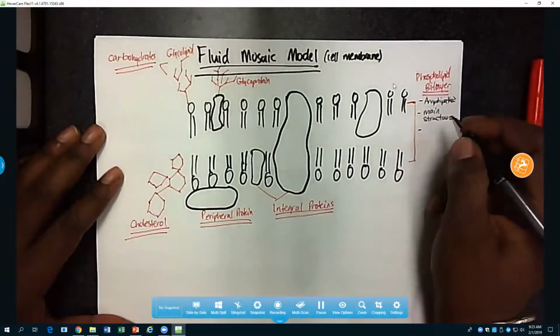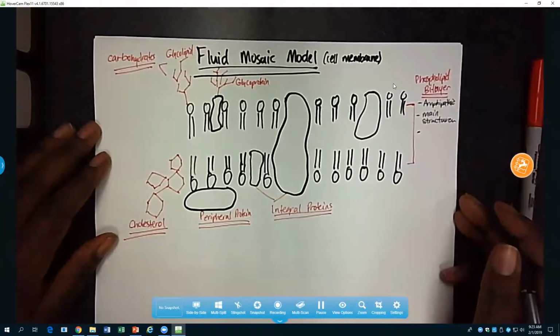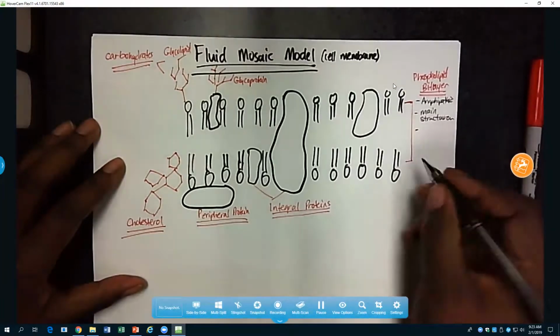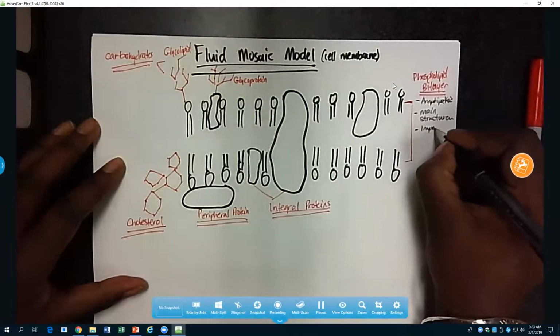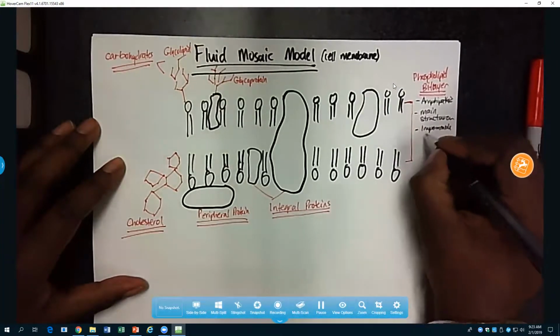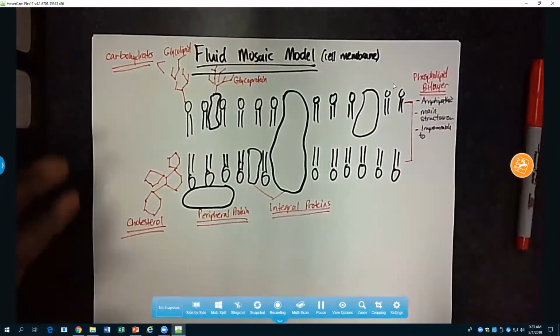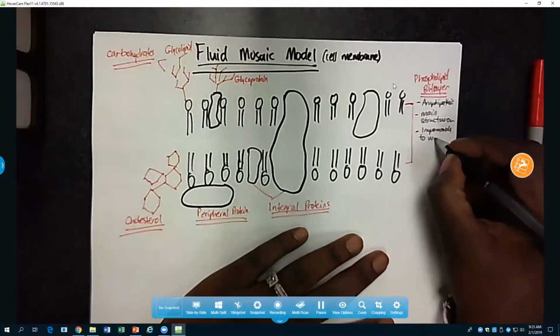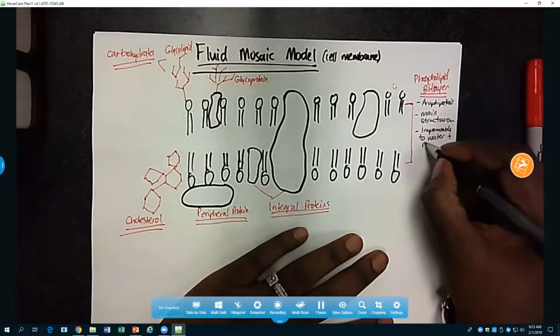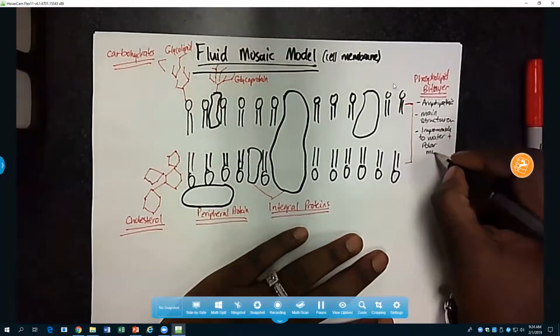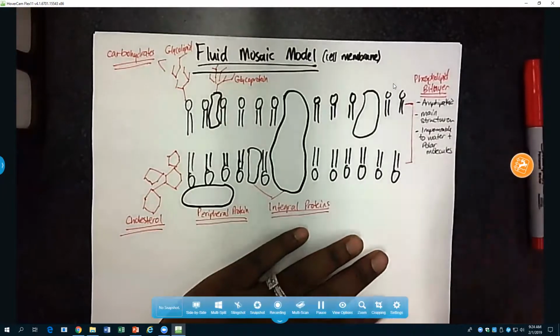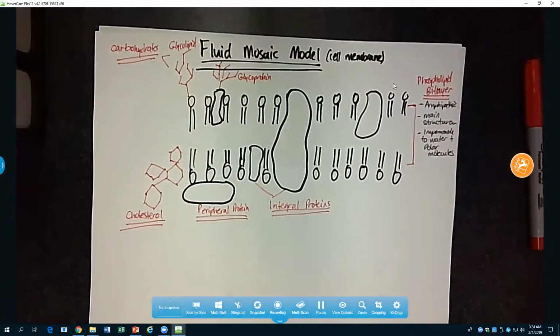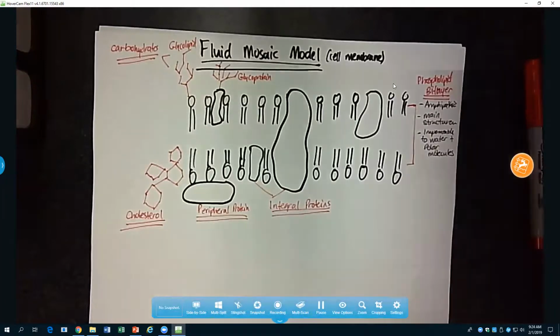Also important to note is that they are impermeable to water. Why are they impermeable to water and polar molecules? Who wants to talk about that? Why is the phospholipid bilayer impermeable to water?